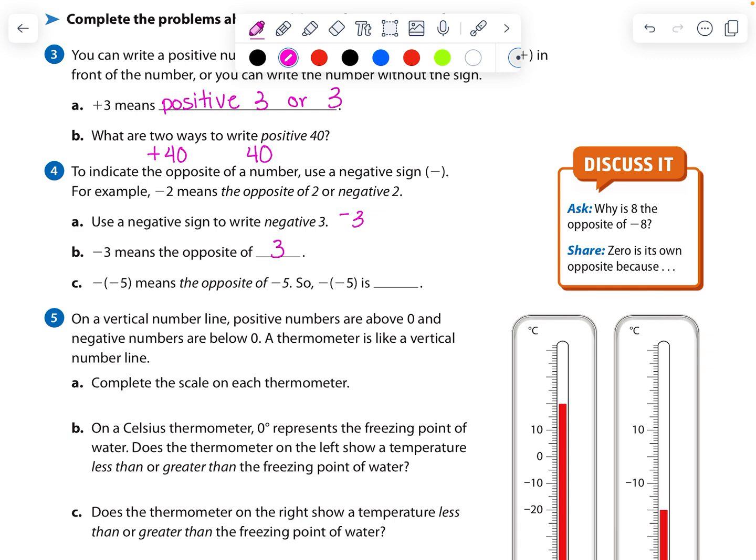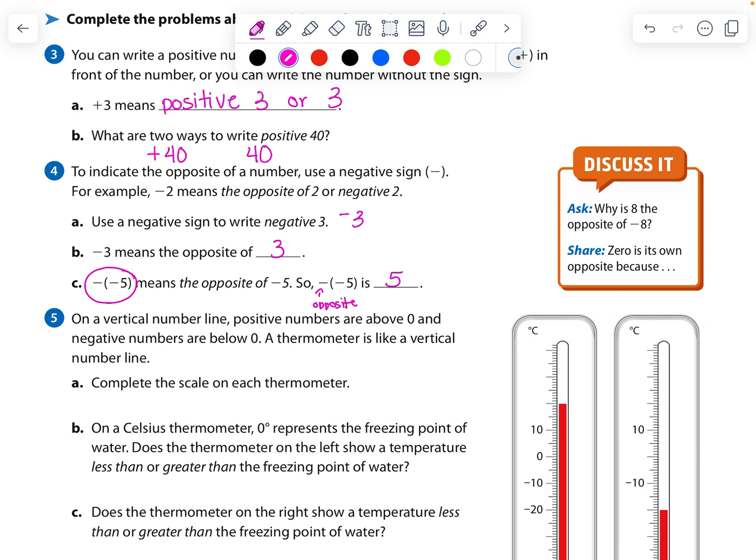And then this is going to be negative 5, which would mean the opposite of negative 5. So the opposite of negative 5 is positive 5. Okay, so we've got negative 5, but if we're asking right here for the opposite of negative 5, it's positive 5.